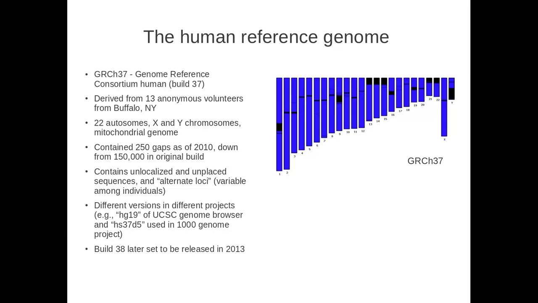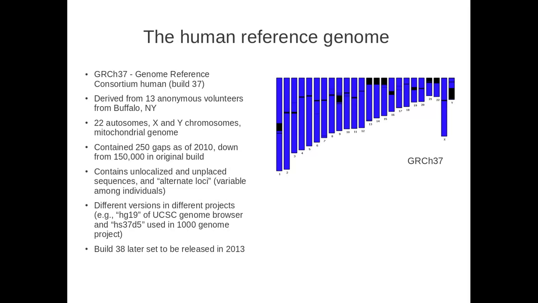It contains only about 250 gaps as of 2010. This is down from about 150,000 back in the original build in the early 2000s. So there are pieces that are not known where exactly they belong. We call those unlocalized or unplaced sequences. There are also alternative loci. So these are really copy number variants or pieces of DNA that are found in one individual that might not be found in another.